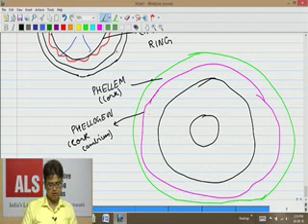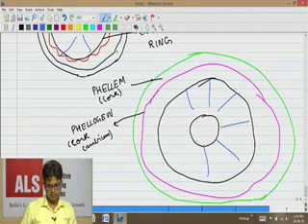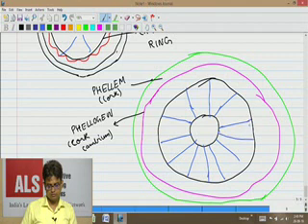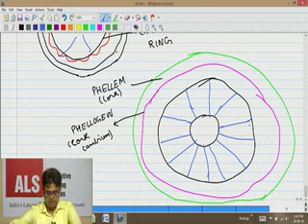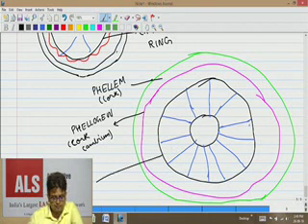So this whole part is the secondary xylem. Okay, let's label it. This is the cambium ring.